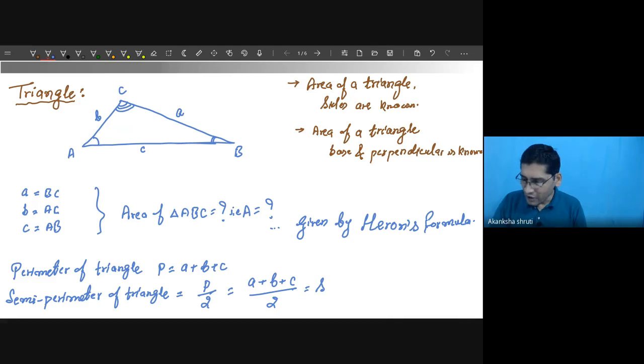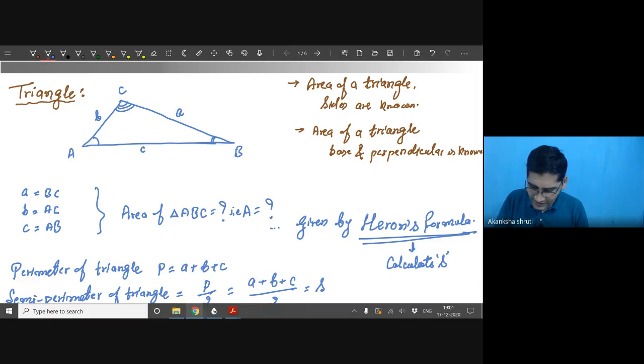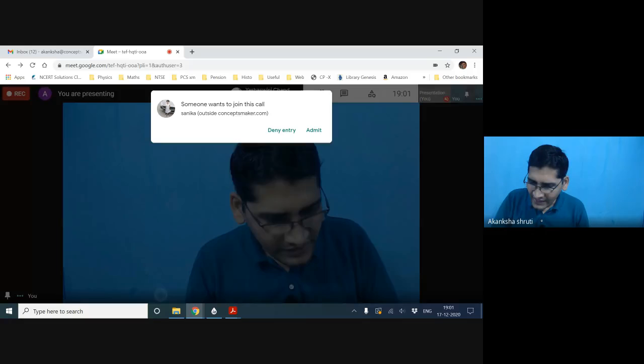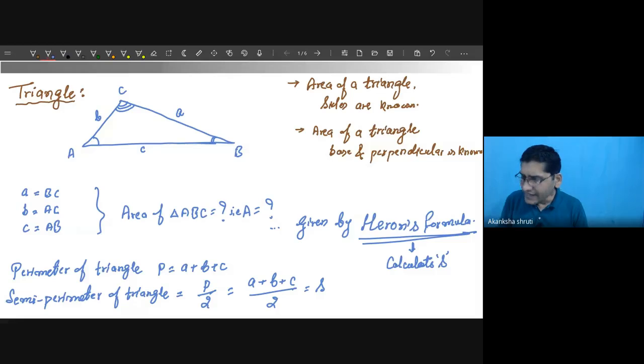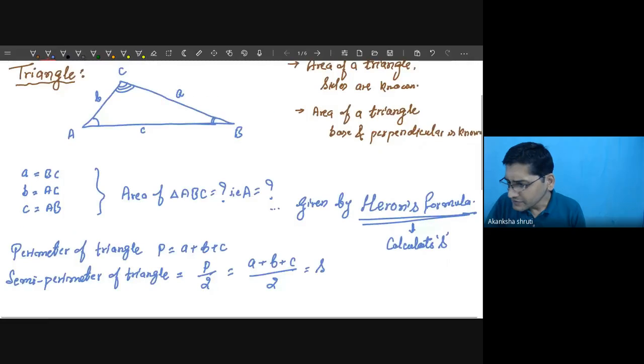So as per Heron's formula, the first requirement is you need to calculate S, the semi-perimeter. Then after calculating the semi-perimeter, the area can be calculated. So first S has to be calculated, then the area.